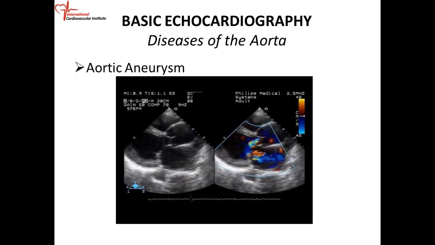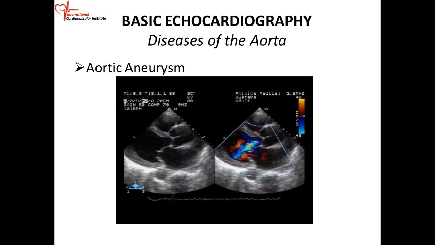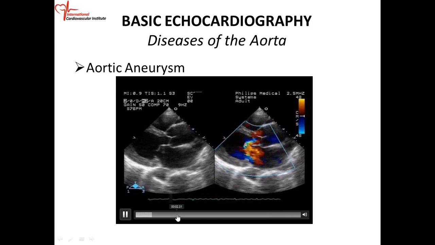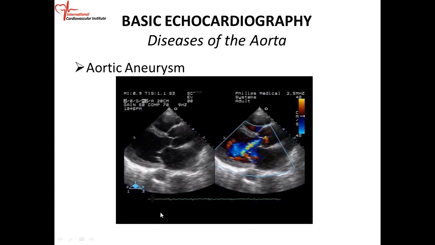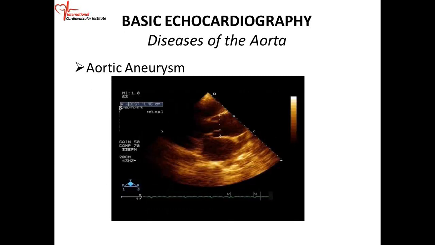Remember, if the root of the aorta is dilated, it's going to prevent the valve from coapting properly. So if you have a dilatation of the aortic root or the aorta, it's going to prevent proper coaptation of the leaflets, the aortic leaflets, and you will get leakage there.